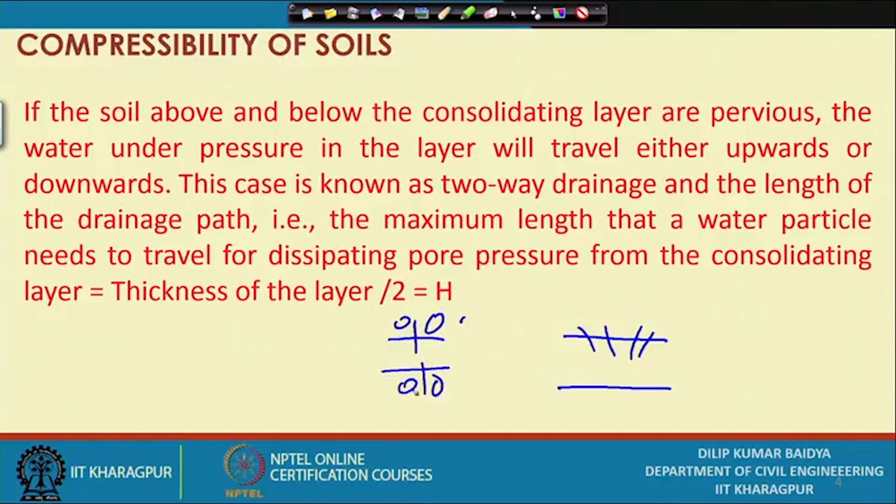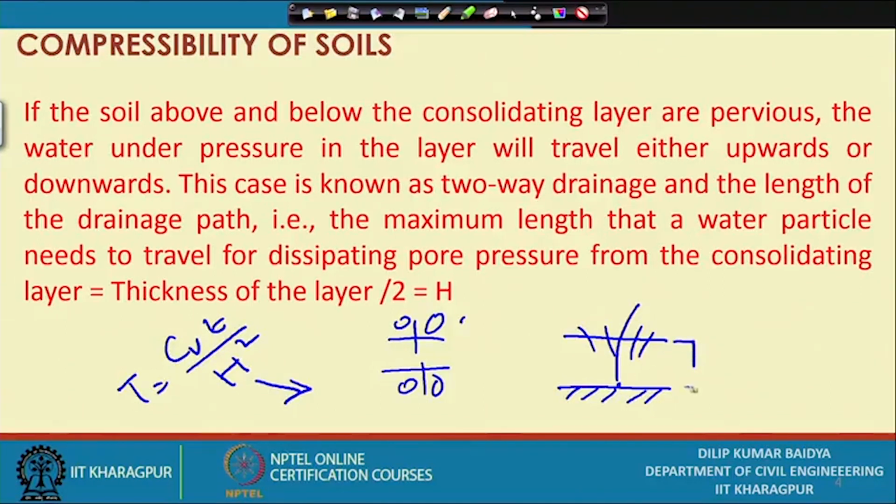So, flow will be in both directions. Accordingly, in the equation we have used, T equal to C V t by h square, this h is actually the longest distance the water particle has to move to dissipate the pore pressure. So, if this side is impervious, then to dissipate pore pressure from here, the water particle has to move this much distance. So, in that case h becomes this.